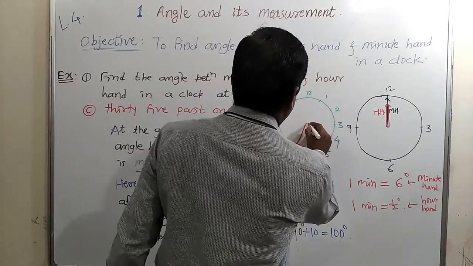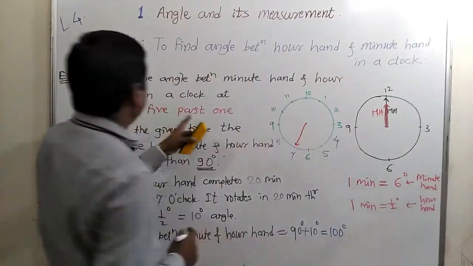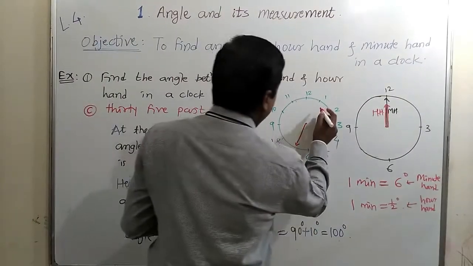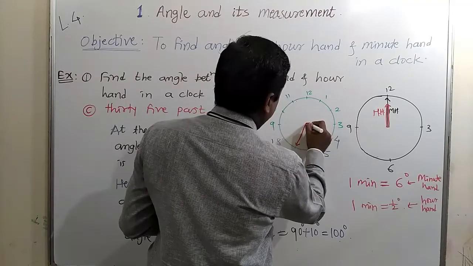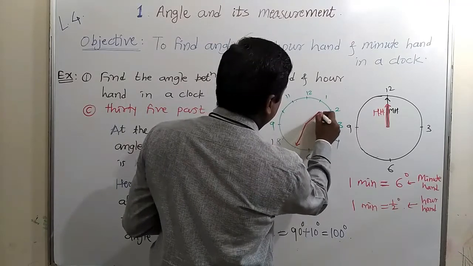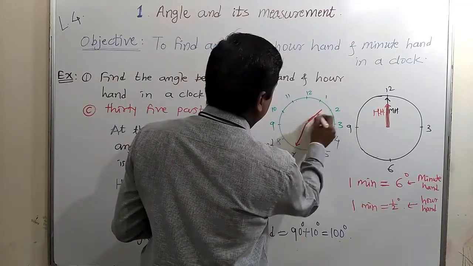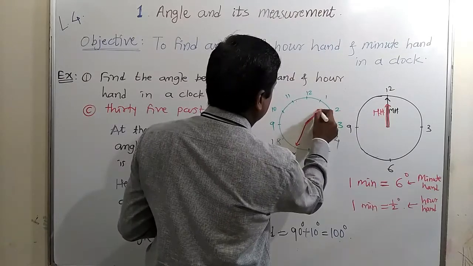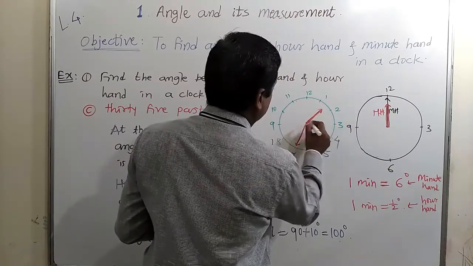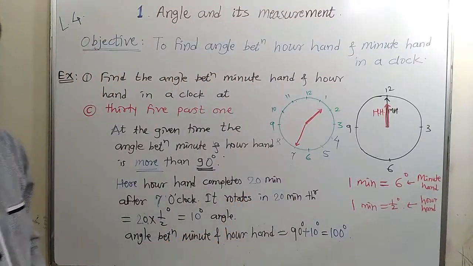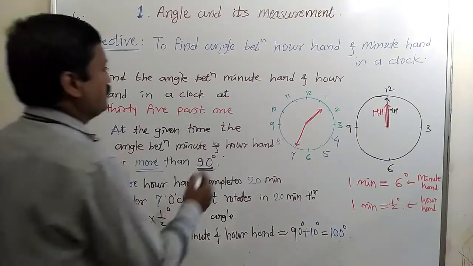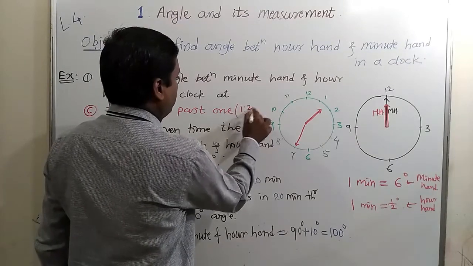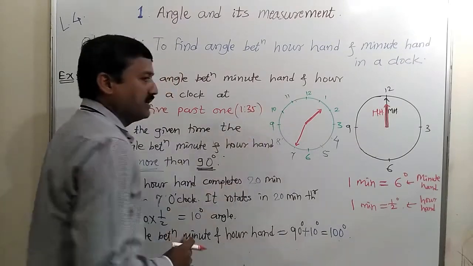And the hour hand, past 1 means after 1, so it will be between 1 and 2. Okay, so the time is 1:35.